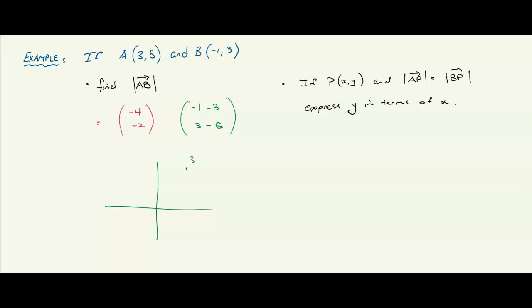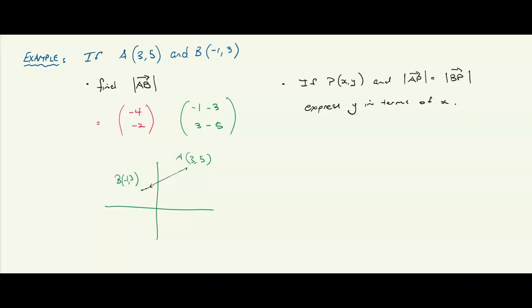So A is up here at (3, 5), and B's down here at (-1, 3), somewhere around here. Then we're looking at a point (x, y) that makes the distance AP and BP the same. So if AP were joined, and this is AB here, (-4, -2), which kind of makes sense, doesn't it? That vector there is AB that we just found.